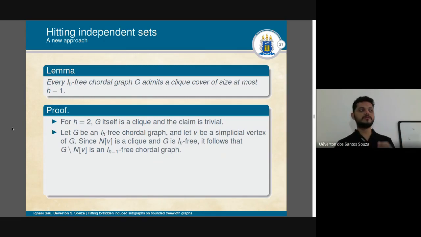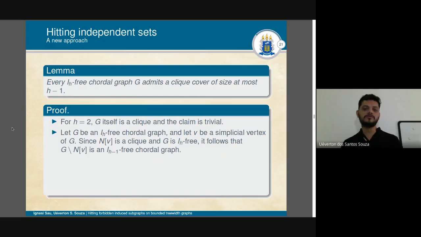Then we must remember that any chordal graph has a simplicial vertex. Take a simplicial vertex v; we know that its neighborhood is a clique, and after the removal of that clique together with that vertex, the resulting graph is also chordal, because the property of being chordal is hereditary.